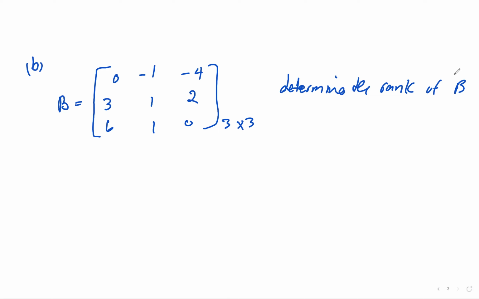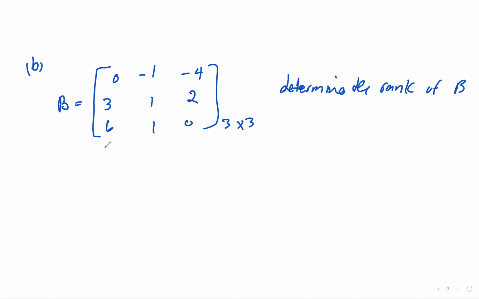Just by looking at it, with two rows we can arrange so that we get as many zeros as possible in these rows to determine the rank of this matrix. First, we can interchange row 1 and 3. So let's start by interchanging row 1 and 3.